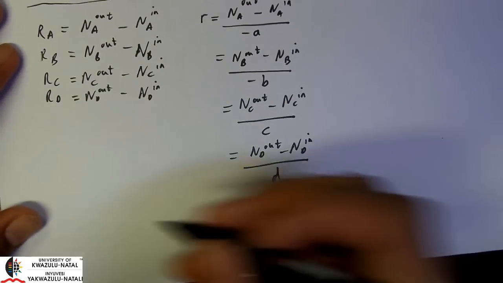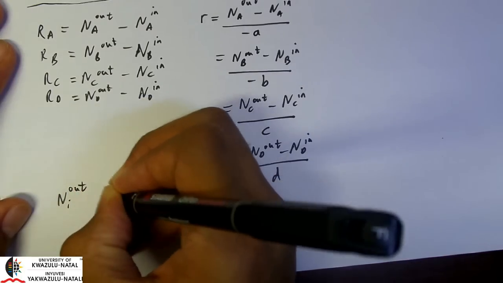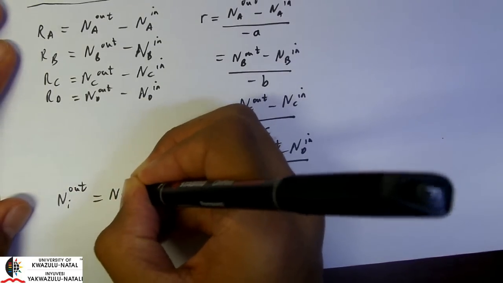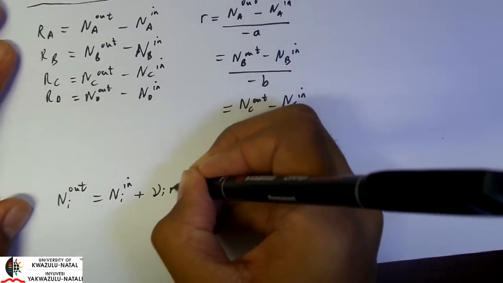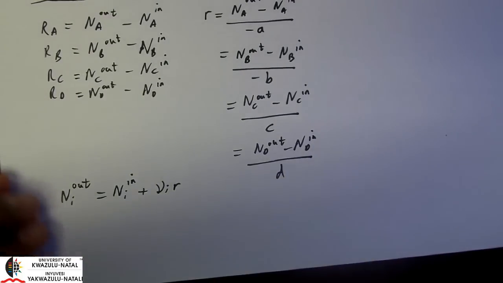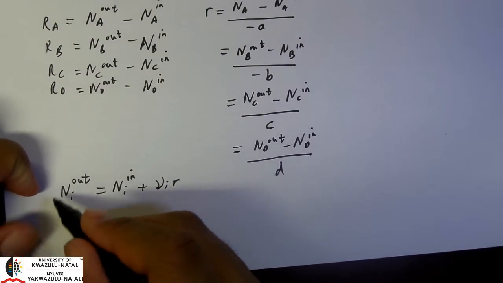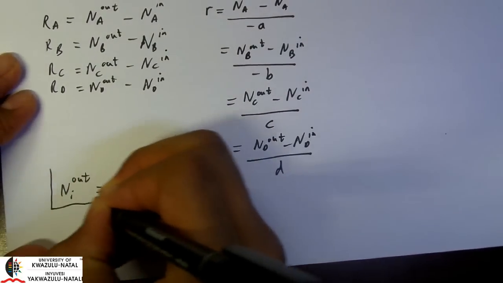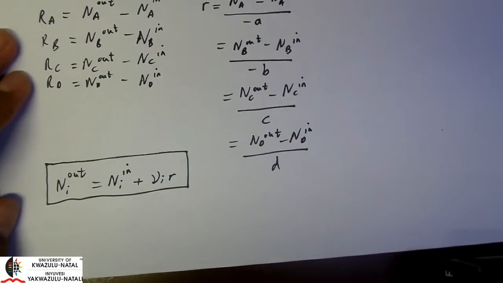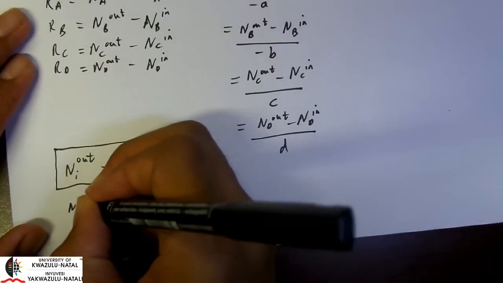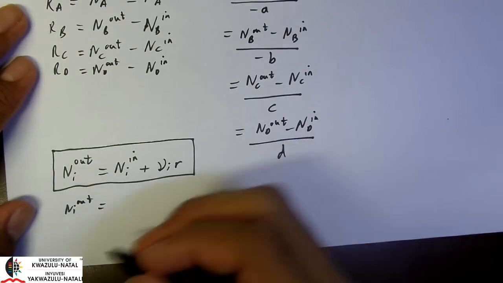So in general, for any species i, Ni out will equal Ni in plus our stoichiometry multiplied by R. Whenever we are dealing with a reactor with a single reaction, this is the form that our material balances will take for each component. We can also write it in terms of our production or consumption rates.